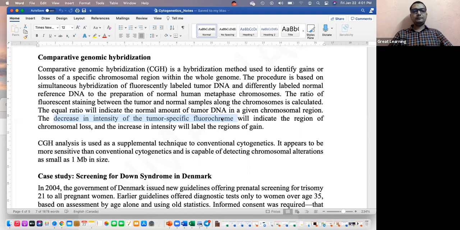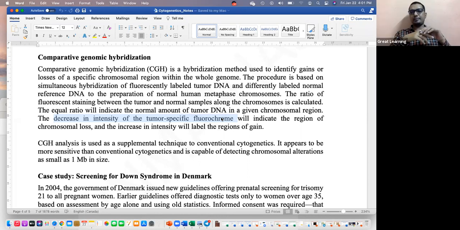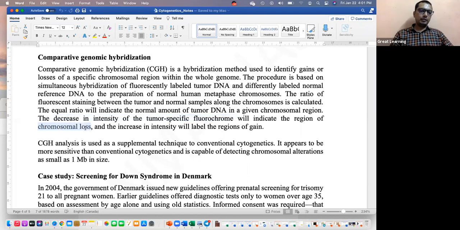So in a given mixture, some genes are not available, or some deletion has happened. Gene loss has happened in the chromosomal part, so chromosomal deletion in the tumor part can be seen. In case there is an increase in the intensity of this region, a duplication event has happened. So the concept is the same as what we talked about, but here it is done differently.